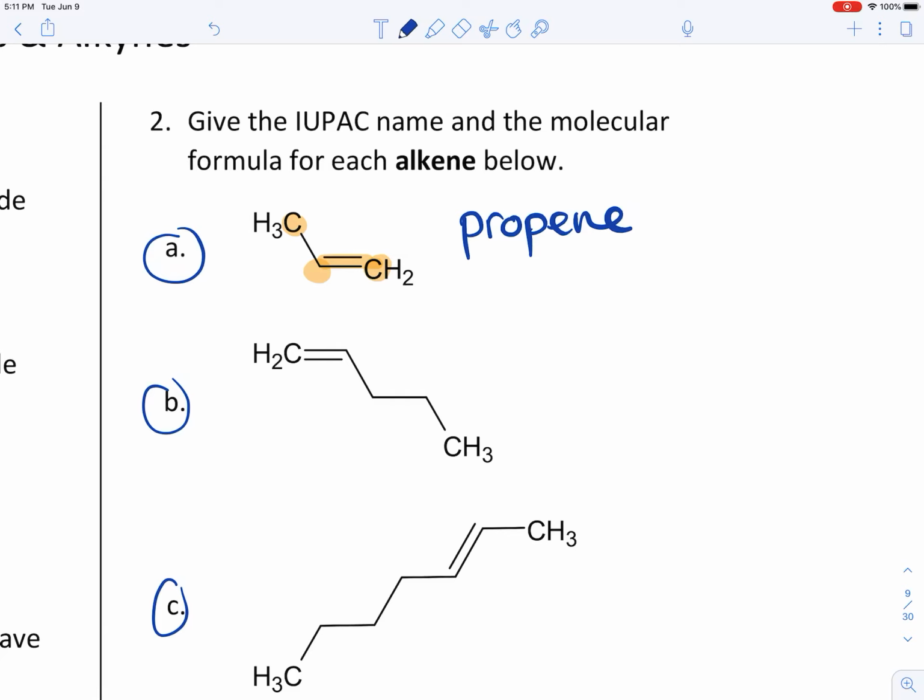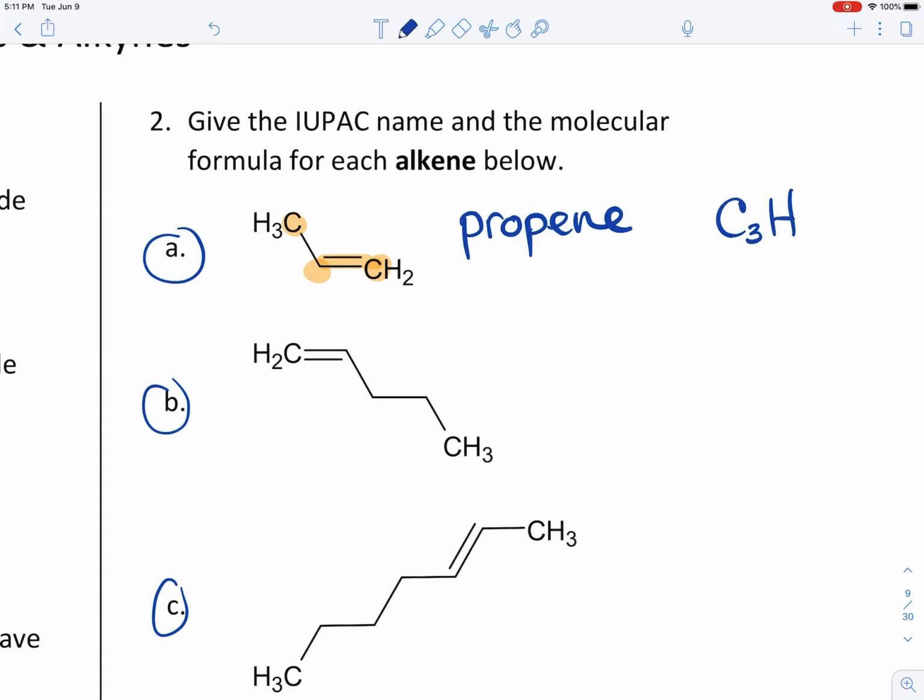We don't need to specify where the double bond is because propene has only 2 bonds. Whichever bond was the double bond would be bond number 1 in the molecule, so we can leave out the 1. We don't have to say that the double bond is the first bond because there's only 2 bonds and they're identical. The chemical formula, remember that an alkane would be C3H8.